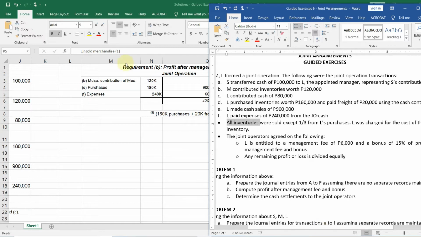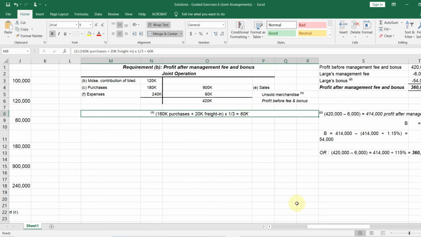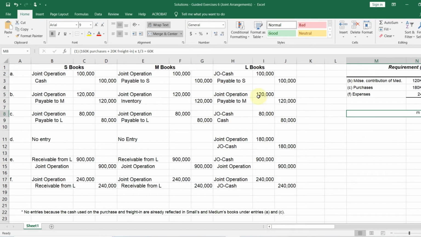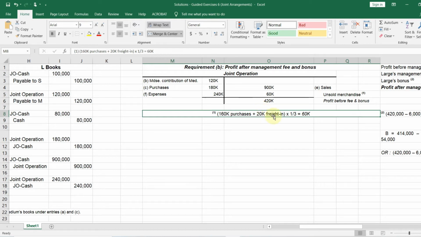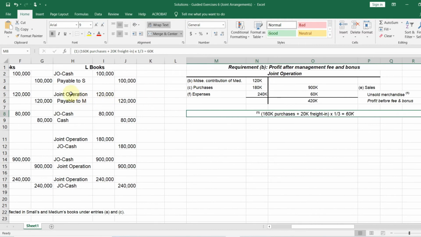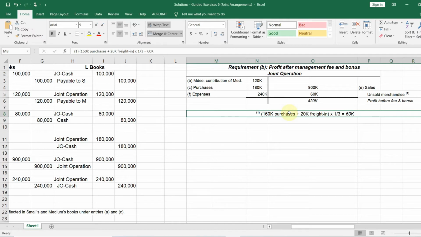So, there is unsold merchandise. How do I compute it? The 160,000 purchases earlier, plus the 20,000 freight in that was charged to the joint operation. Okay, 1/3 is left. So, you just multiply the purchases times 1/3, and you'll get 60,000 unsold merchandise.